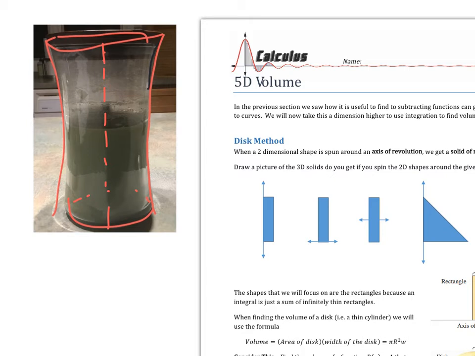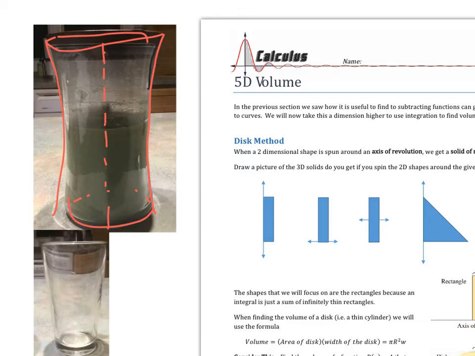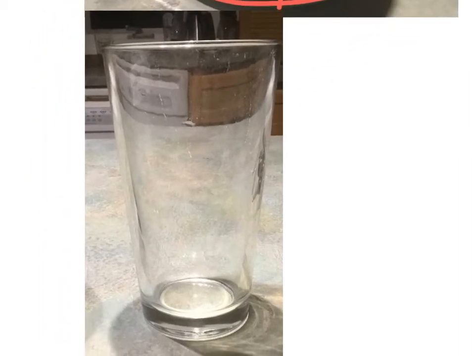We got a couple more here. Here's a drinking glass that looks like a nice straight line here. That's not a very nice straight line. Okay, let's try a nice straight line down here.